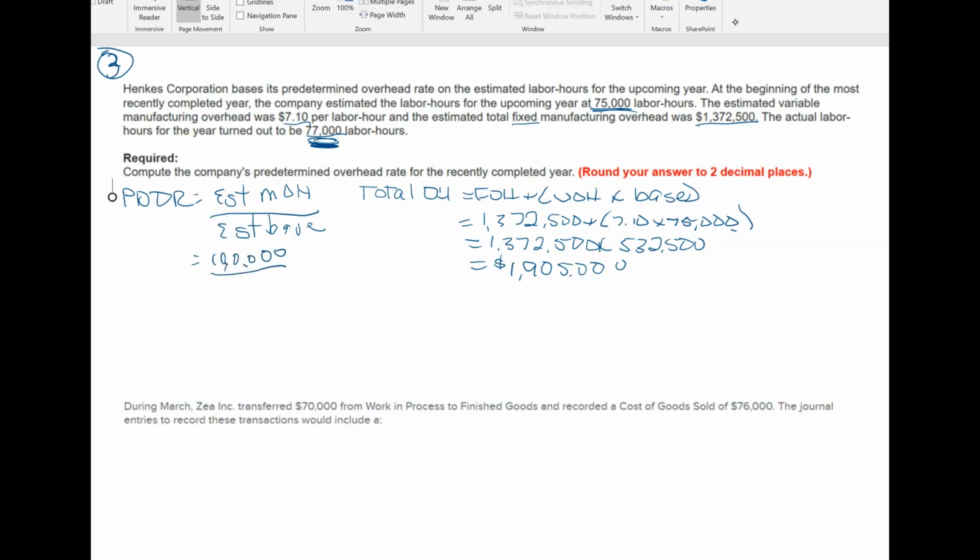Then the allocation base is the estimated 75,000, which gives $25.40 per direct labor hour.